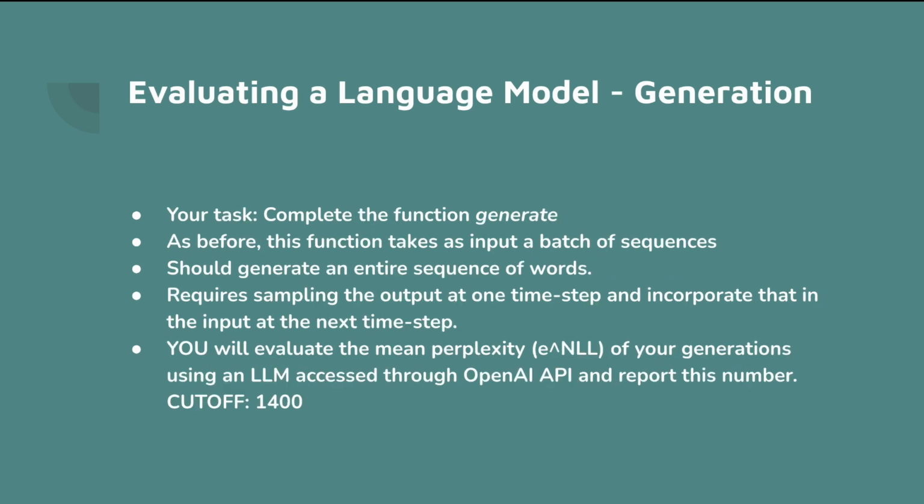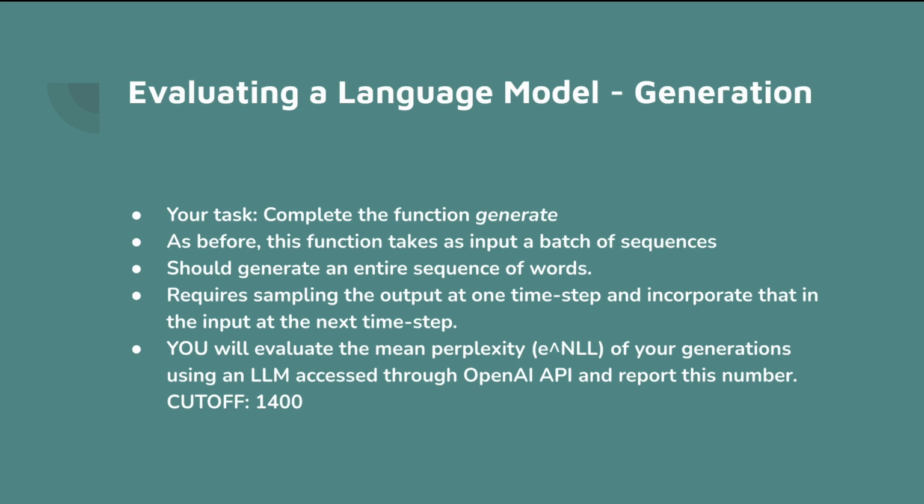Lastly, to evaluate your generations, we'll be using OpenAI's LLMs. LLMs have seen far more data than our language model has, and are able to model language more accurately. That means if we feed our generations to the LLM, the probability distributions output by the LLM will be far more accurate than our own. So we can use those probability distributions to evaluate how likely or how natural our generations are.